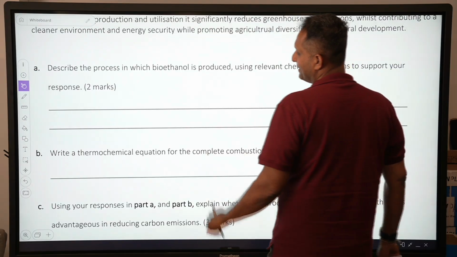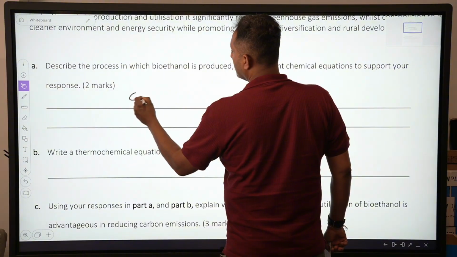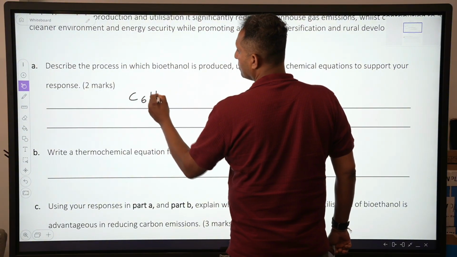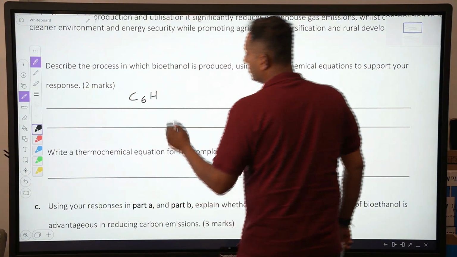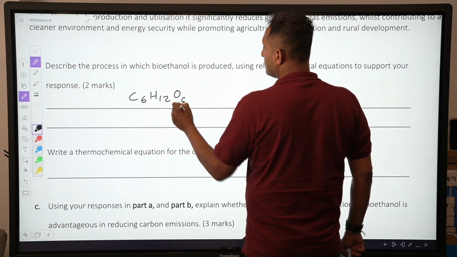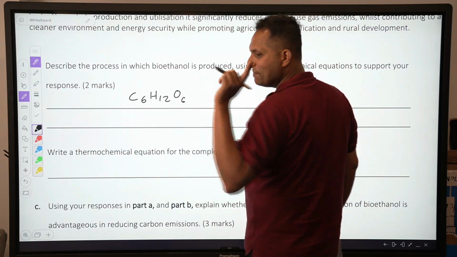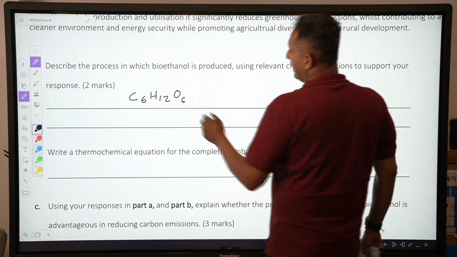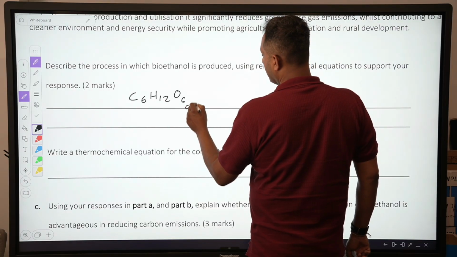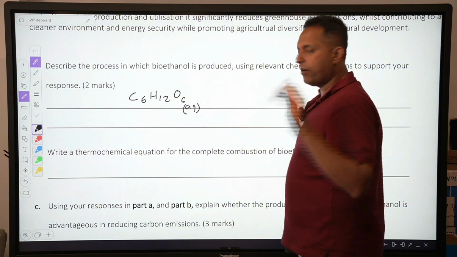So let's write the fermentation reaction. Fermentation happens when glucose, C6H12O6, states really matter, aqueous, and no oxygen, it's anaerobic.